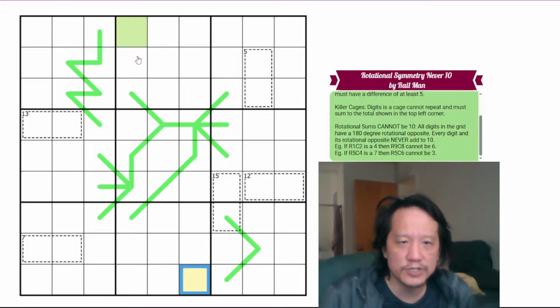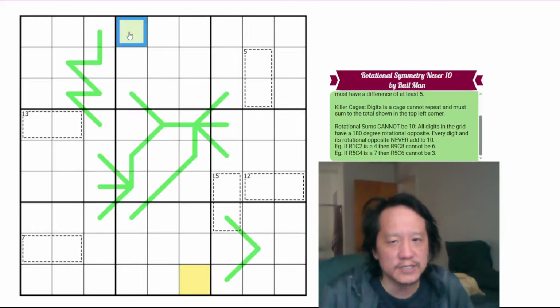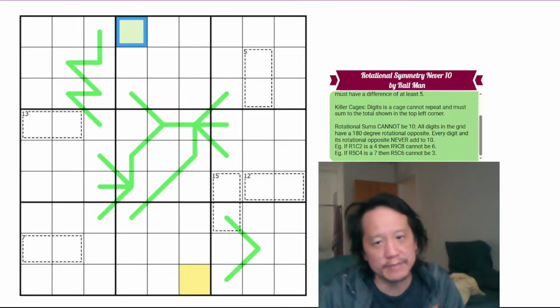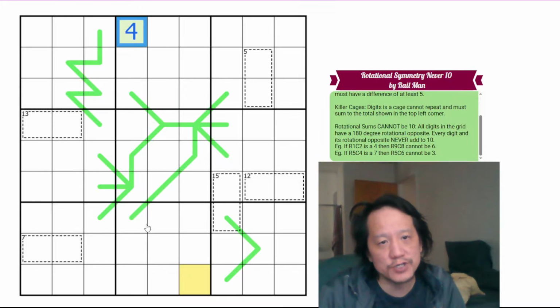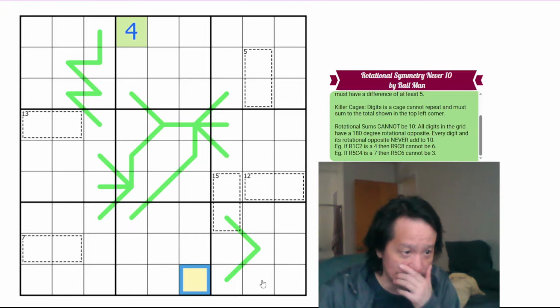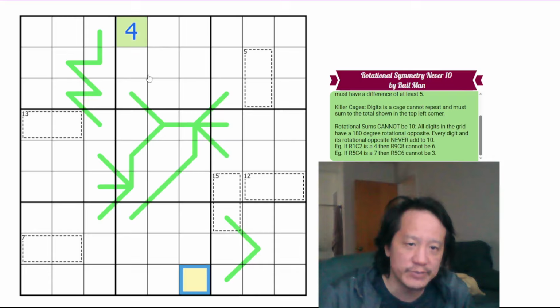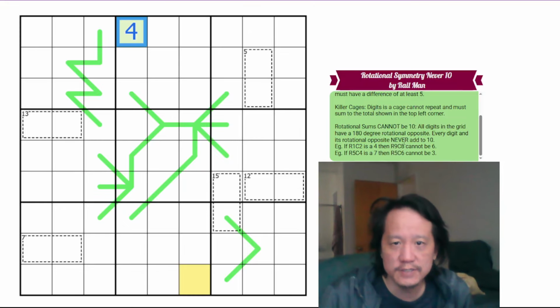So these would be rotational opposites, and every digit and its rotational opposite never add up to 10. If this were a 4, this could never be 6, because then these two would add up to 10. And that would break the rule set.